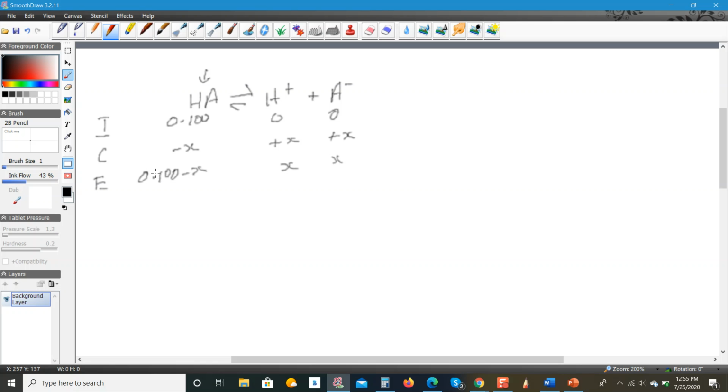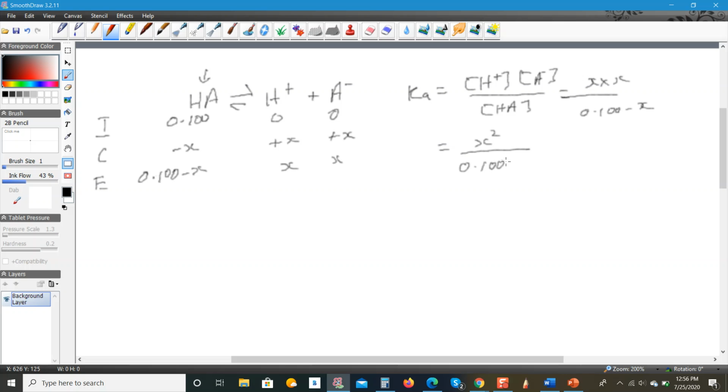And from here, it's basically the same thing as we have done in the previous chapter, where we try to find the pH of a weak acid. We write down the expression for Ka, which is, of course, the concentration of H plus times the concentration of A minus, all divided by the concentration of HA, and this would be equal to x times x over 0.100 minus x, which is x squared over 0.100 minus x.